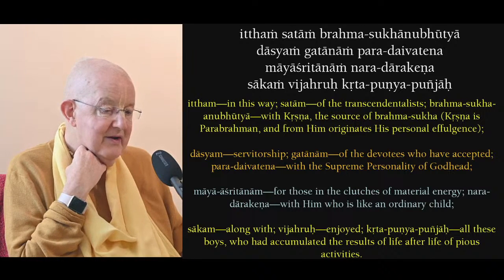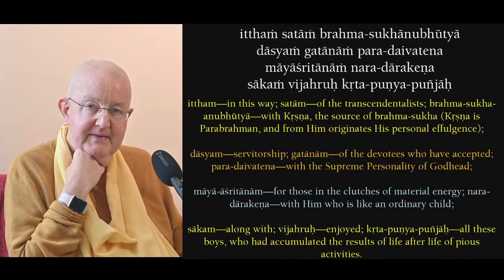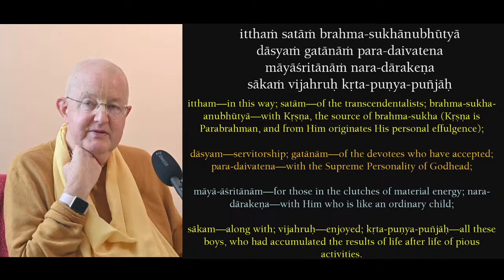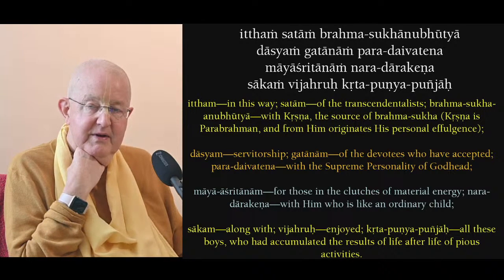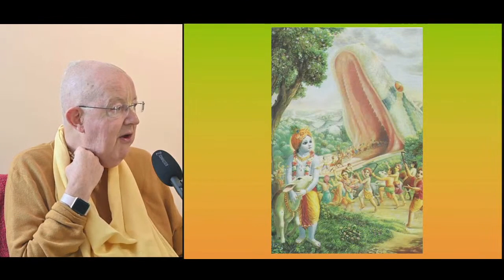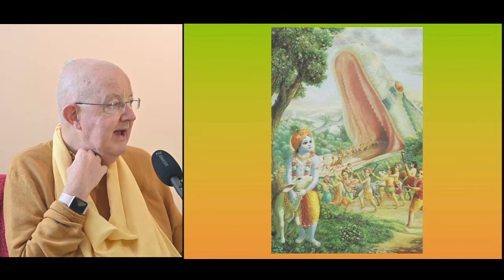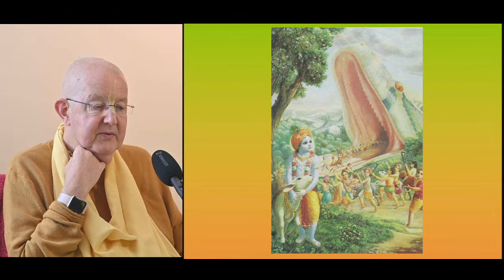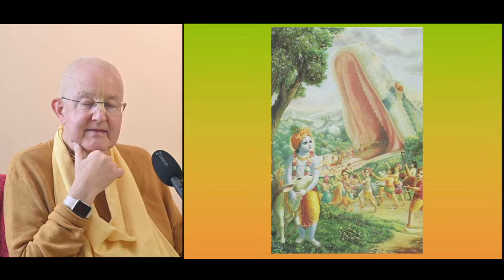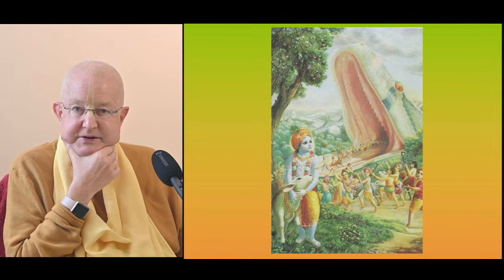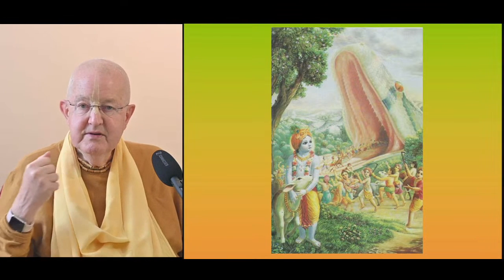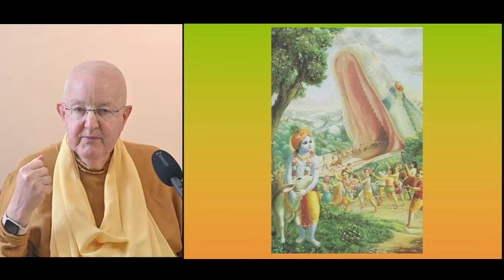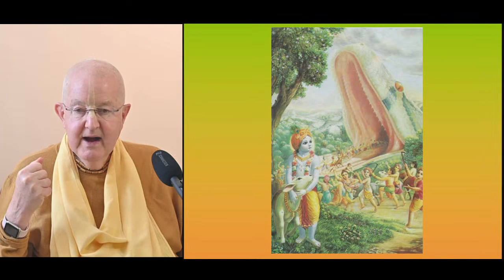And then there's the cowherd boys. The point is, their position is very rare, and they're very special souls. That section ends, it's a very beautiful section, with Shukadeva Goswami saying that Krishna, with his Yogamaya potency, brought the Agasura demon.